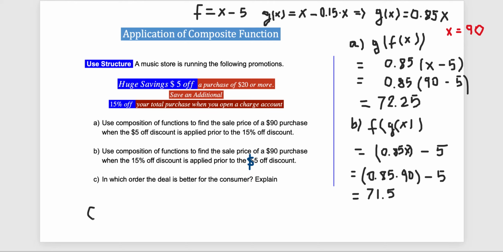And C asks in which order the deal is better. The better one is B, because B is cheaper: 71.5 is smaller than 72.25.